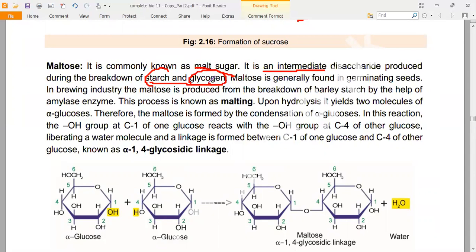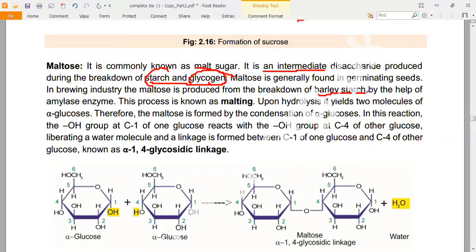So when they break down, the intermediate compound is called what? Maltose. It is also found in germinating seeds and lots of grains, like barley.